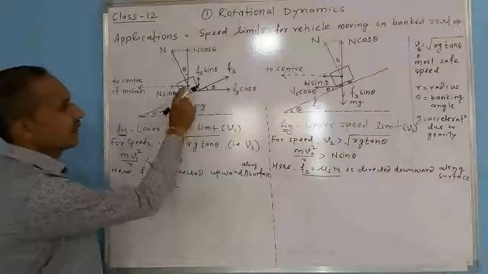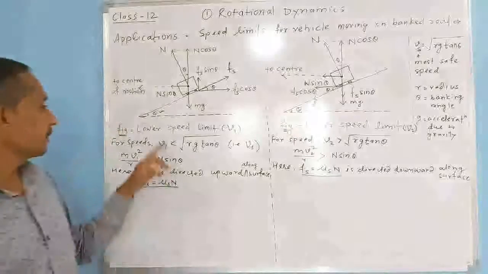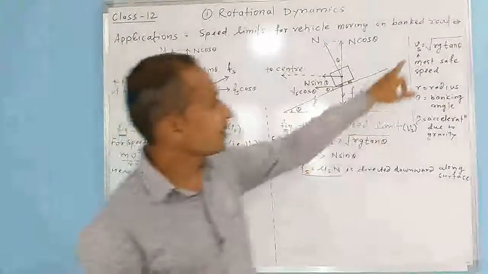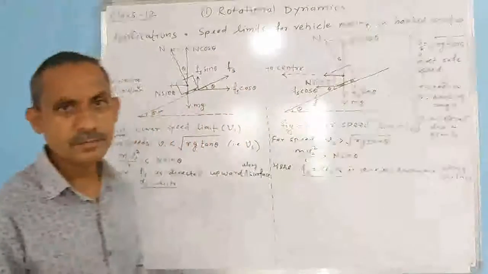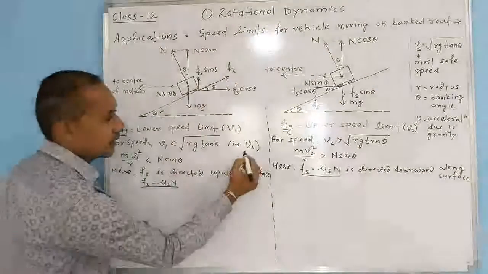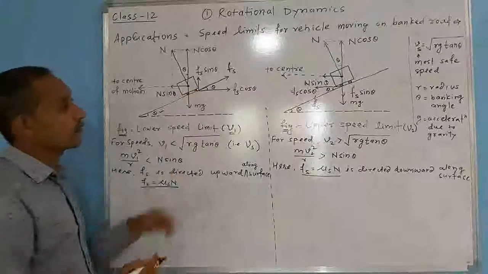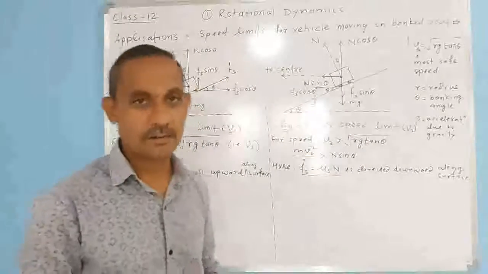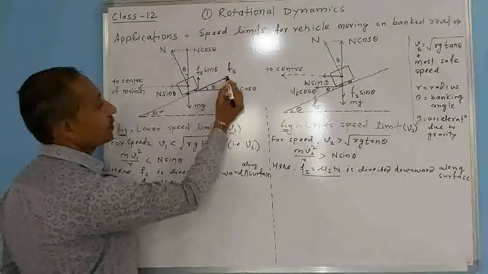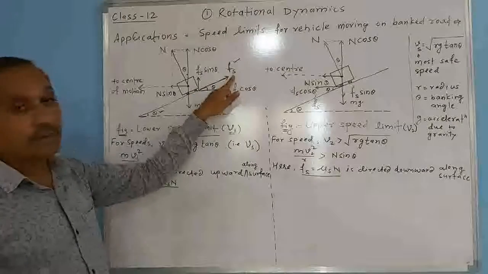So let us see, the vehicle is moving with the lower speed, that means the lower speed limit V1, less than Vs. When the vehicle is moving with this lower speed, then a third force will come into action. That force is nothing but the frictional force Fs.